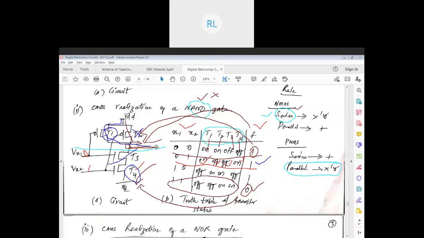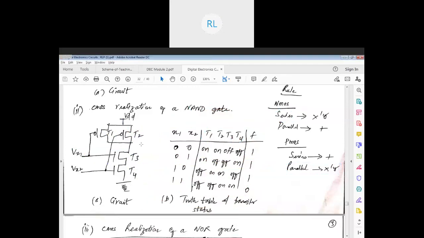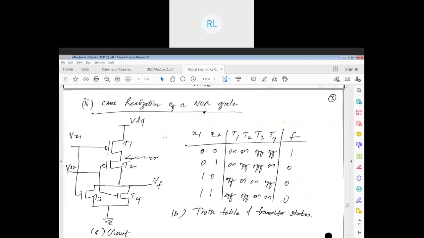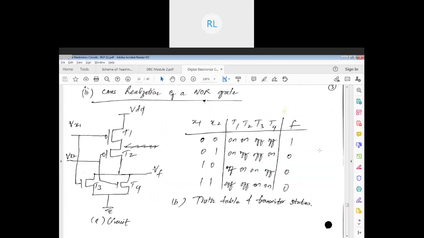Not at all, right? So the same thing is happening here. Your T3 is broken, and T4 is working. So there is no connectivity between my capacitor and my ground. There is no way that it can discharge. It can only charge through this path. So this is how you have to analyze and understand your circuit and your truth table. Is that clear, students? Can I move on to the next one?